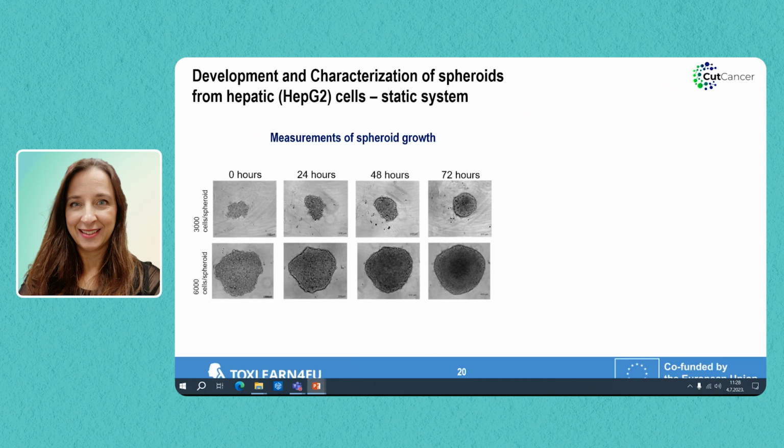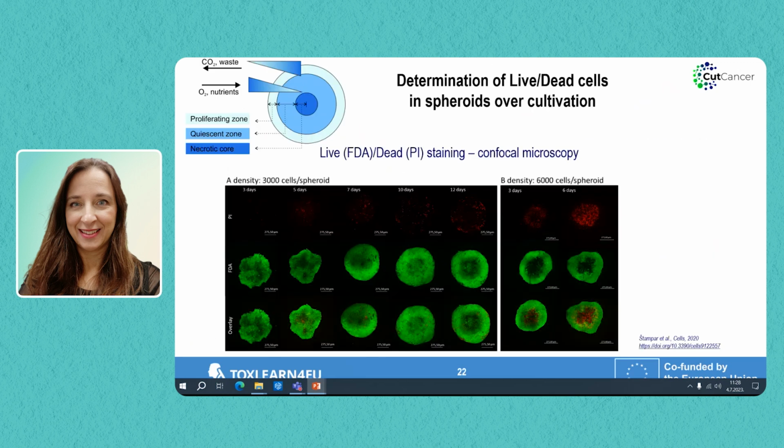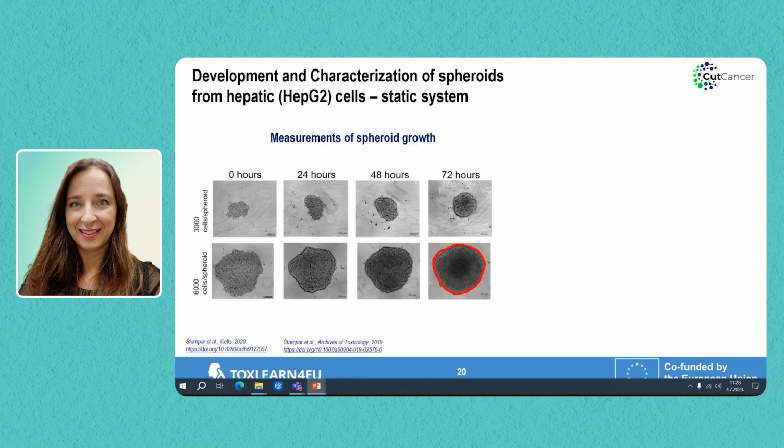So these are actually the aggregates. We call them aggregates because it's just aggregation of cells. They are together, but the connections are not formed. We can leave them for several days. Here we see up to 3 days, and we can measure the surface area, like here.